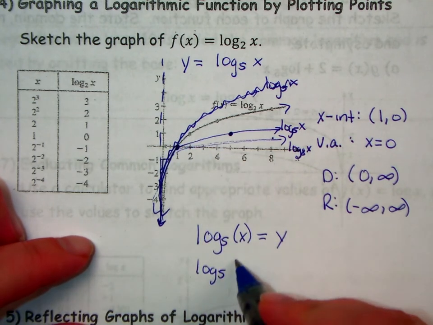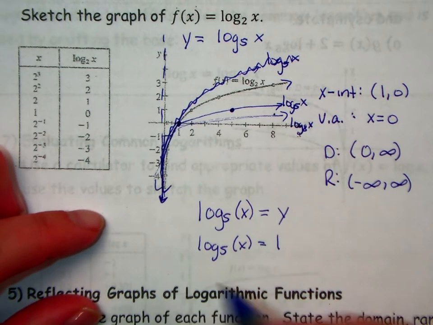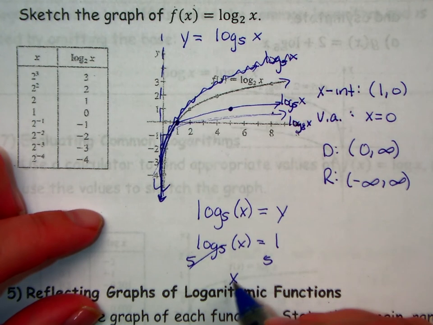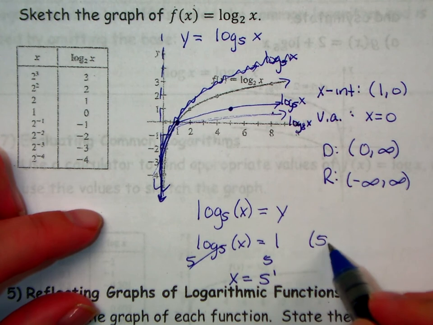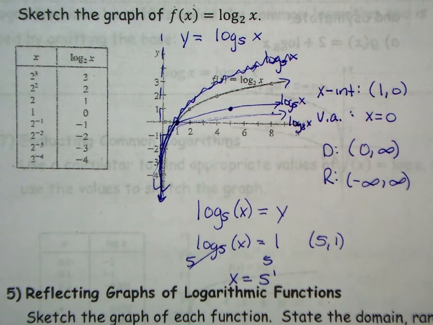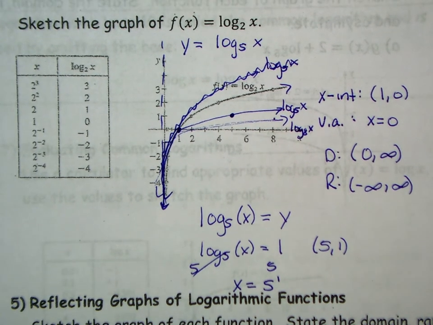Log base 5 of x equals 1. And then I can solve this, right, by raising both sides by 5, and I get x equals 5 to the first power. So if the y is 1, the x needs to be 5. And so it's going through the point 5, 1, right? I knew that. I don't know why I let myself get so confused, but there it is, all right?